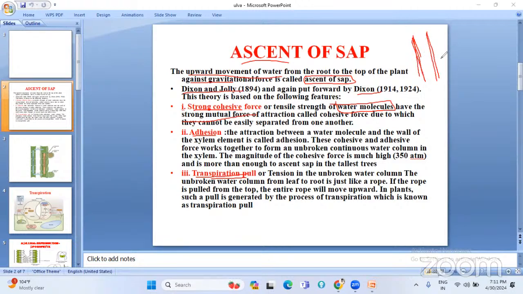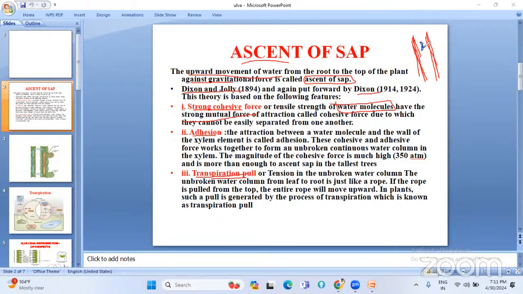So for example, this is a xylem vessel. In the xylem vessel, the blue color shows the water molecules, one water molecule to another.